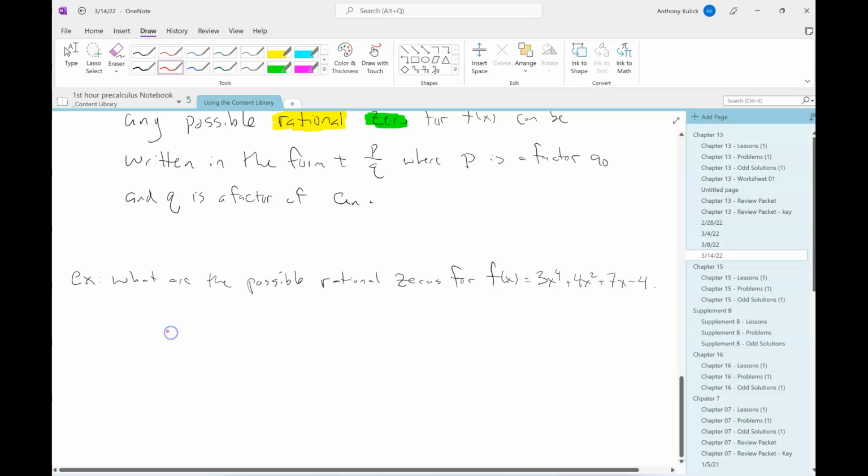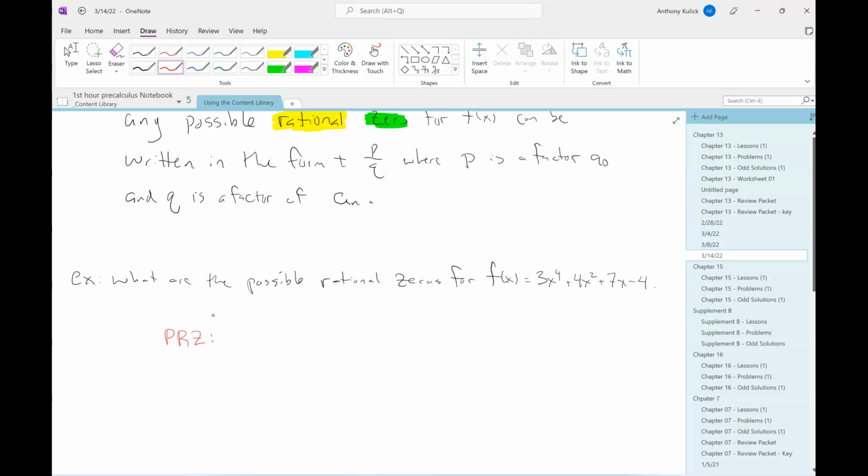I'm just going to abbreviate this as PRZ for possible rational zeros. As we'll write that phrase a lot of times, I'm just going to make an abbreviation for it right now. We cool with that abbreviation? Okay. All right.